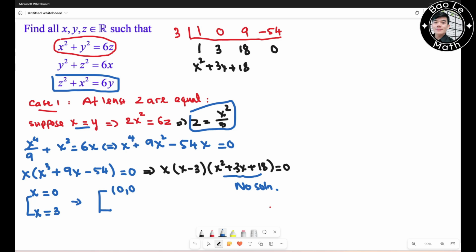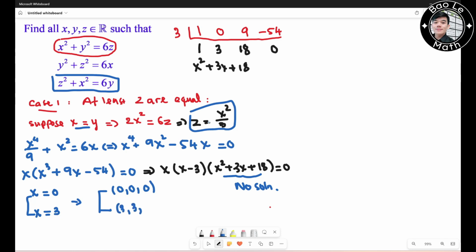Now substitute x equals 0: z equals 0 squared divided by 3, which is 0. So the first solution is 0, 0, 0. And the second solution starts with 3, 3.